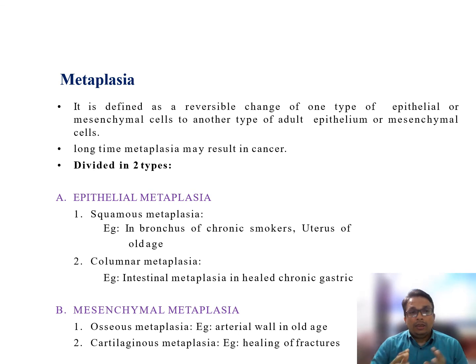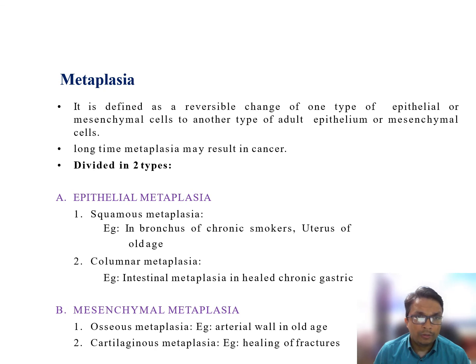Means in metaplasia, one sort of epithelial or mesenchymal cells can convert to another type. If metaplasia occurs for a long time in specific tissues, specific cells, it contributes to the development of cancer.